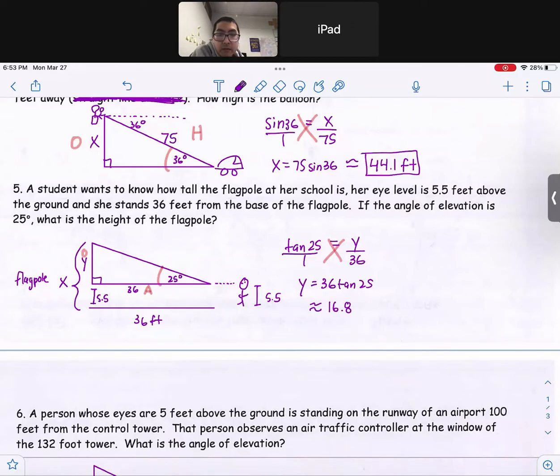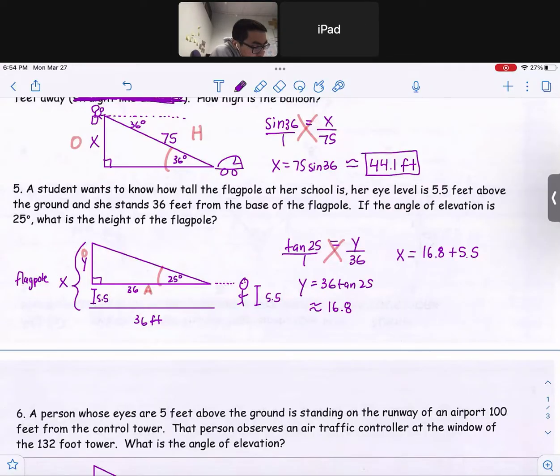But only this y value is 16.8, right? So to find the whole thing, the flagpole is going to be the 16.8 we just found, added to the 5.5, which is the distance from the ground to her eyes. So 16.8 plus 5.5.